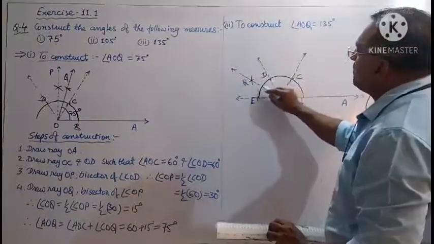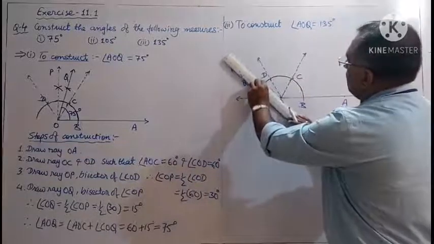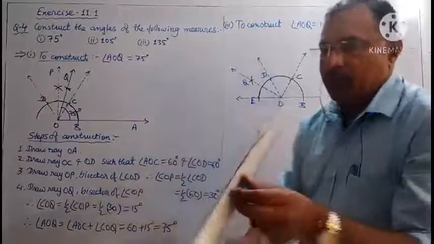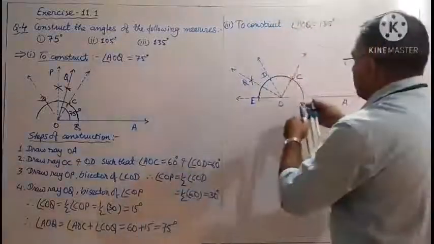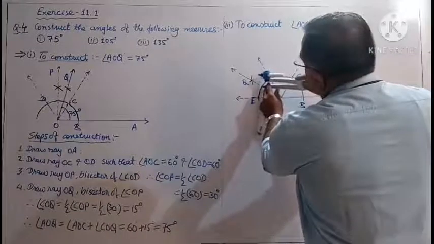Now again we can construct a bisector of angle DOQ, that is OP. We have to draw ray OP, the bisector of angle DOQ.